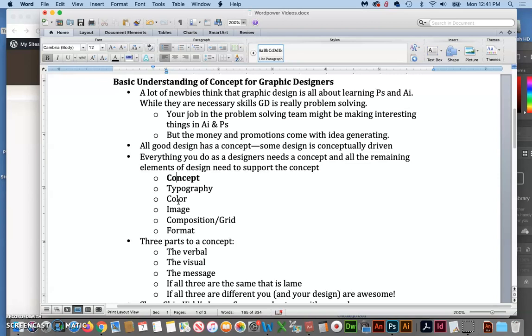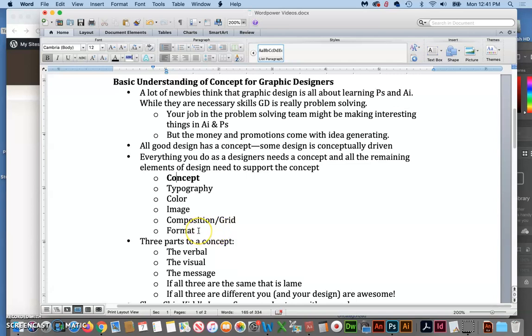You would make the color scream just like your concept is screaming youth. And you would pick an image that supports the concept. Your composition of your grid's probably going to be very wild, much more asymmetrical than symmetrical.